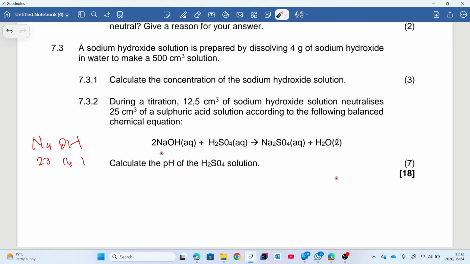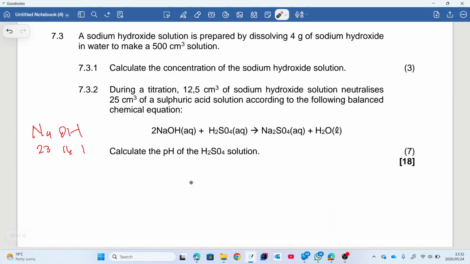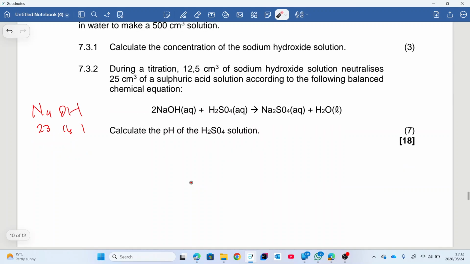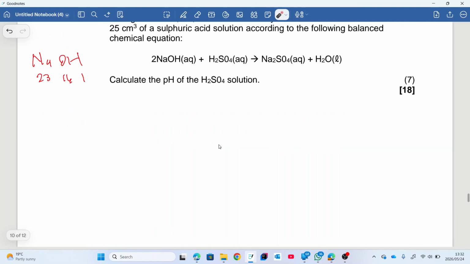So this is a strong base plus strong acid, which gives us a salt plus water. Now calculate the pH of the H2SO4 solution.